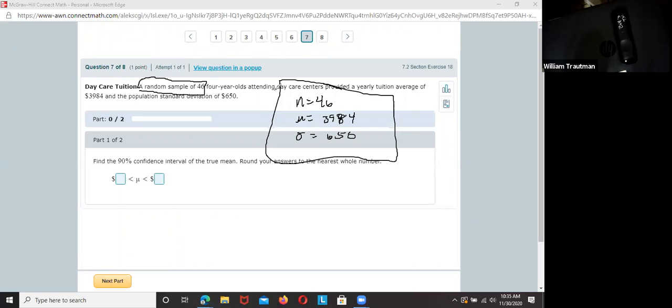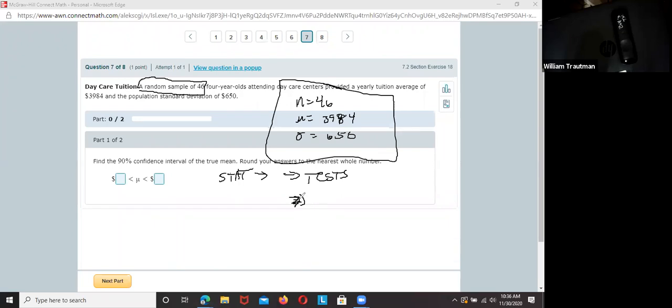So to do the confidence interval on our calculator, we have to type in stat, arrow over twice to tests, and then down to number 7.